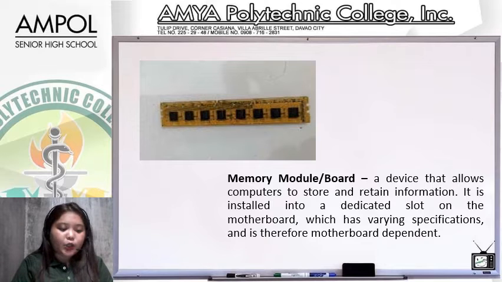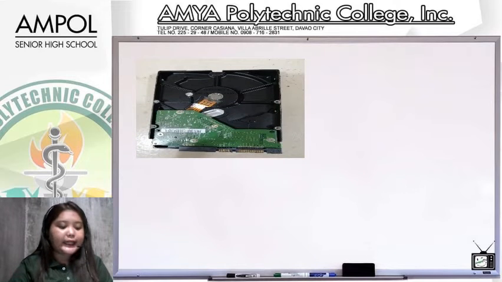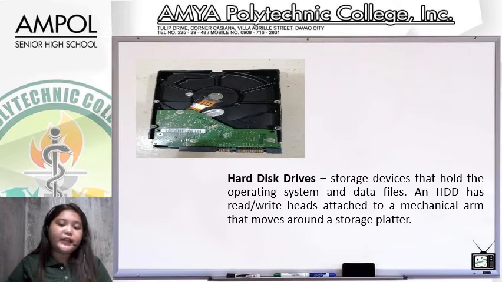It is installed into a dedicated slot on the motherboard, which has varying specifications, and is therefore motherboard dependent. We also have the hard disk drive, or HDD, a storage device that holds the operating system and the data files. An HDD has read or write heads attached to a mechanical arm that moves around a storage platter.